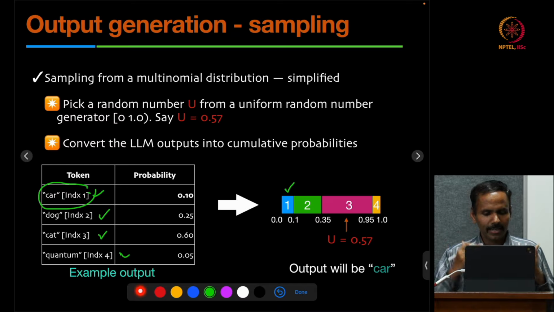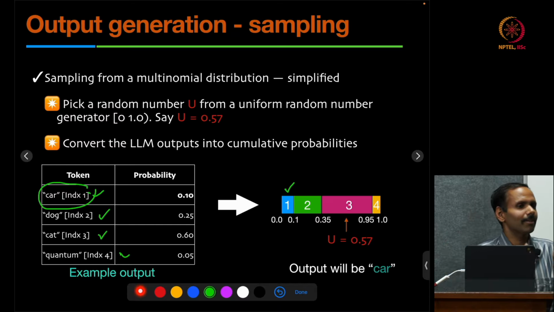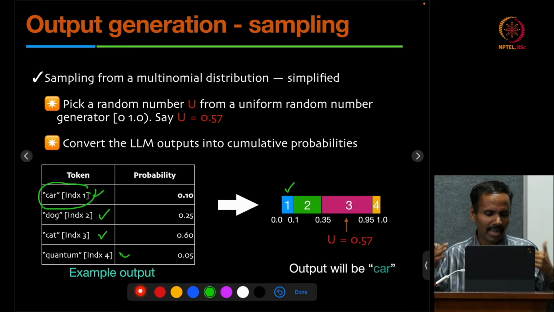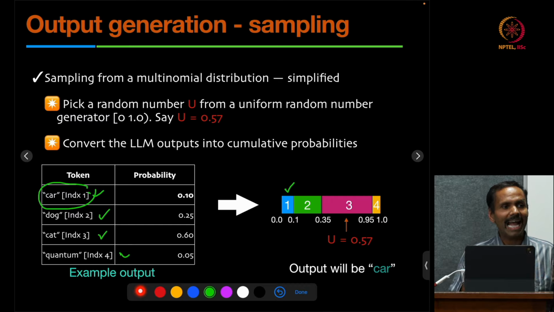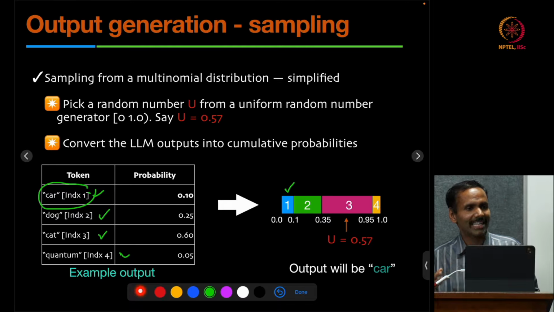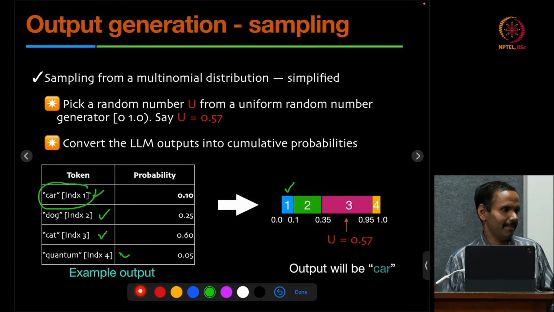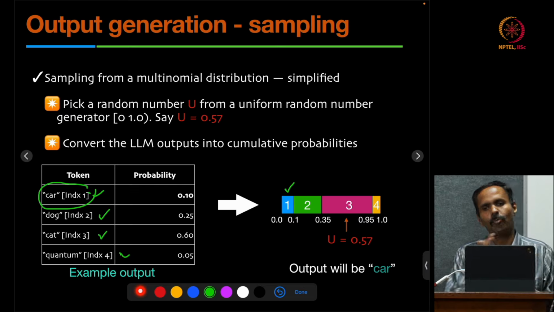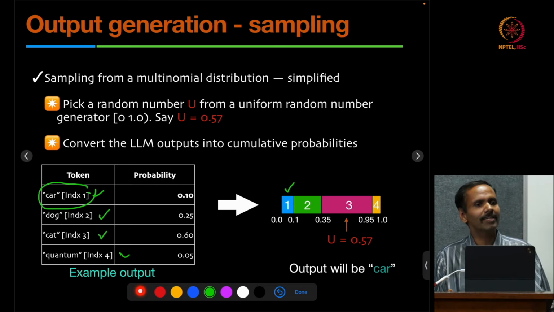Now you have dog, which occupies 25% of the total area of 0 to 1. Cat, the token with the highest probability, occupies 60% of my real estate. So the overall space of 0 to 1 got divided into chunks, each with a width proportional to the probability that the model gave at the output of its inference.